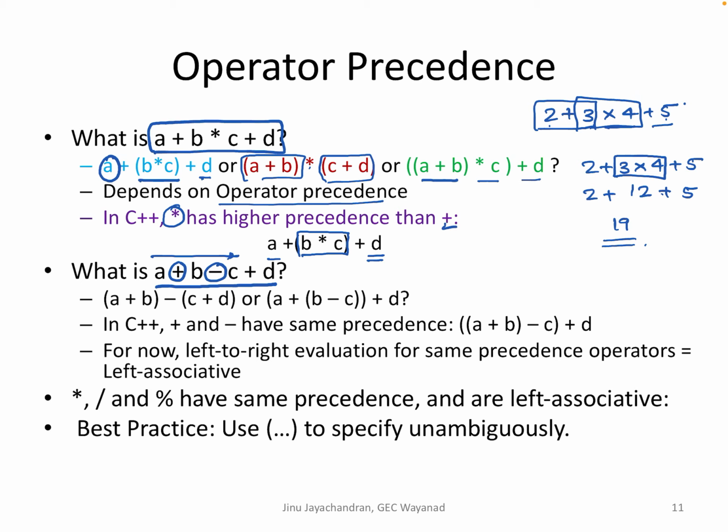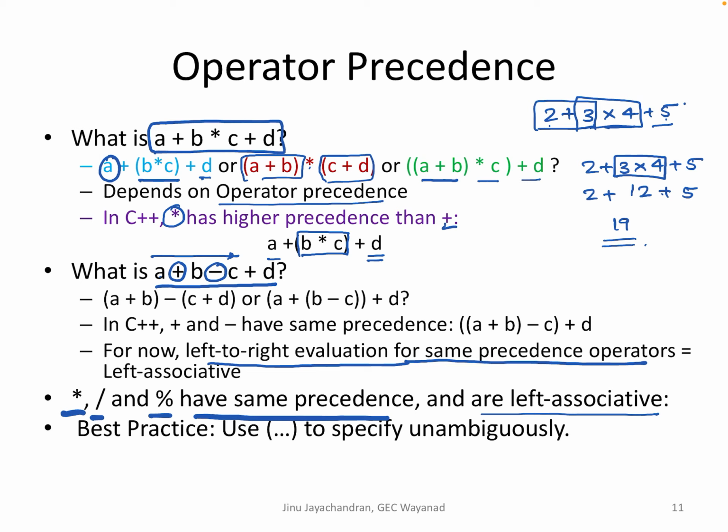It will first do A plus B, then the result will be subtracted with C and then added with D. So left to right evaluation for same precedence operators. Similarly, star, division and remainder operations have the same precedence and they are left associative, meaning they will be evaluated from left to right.